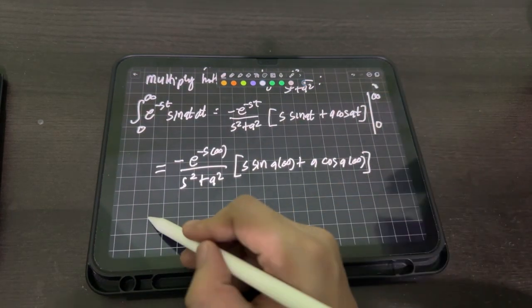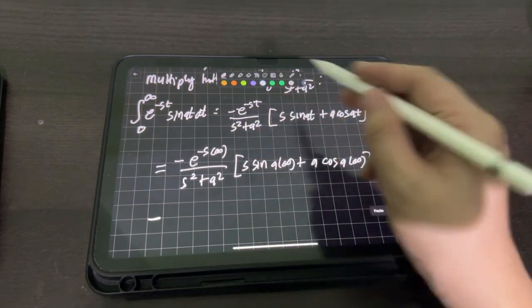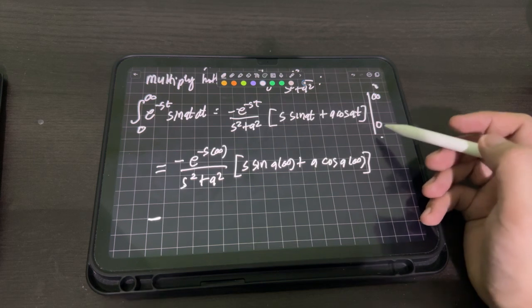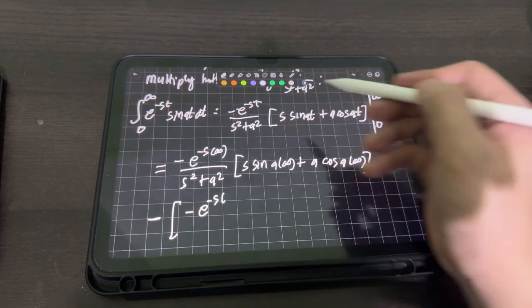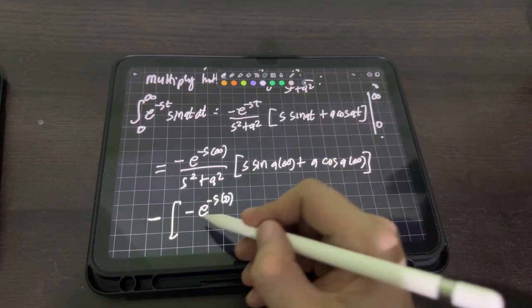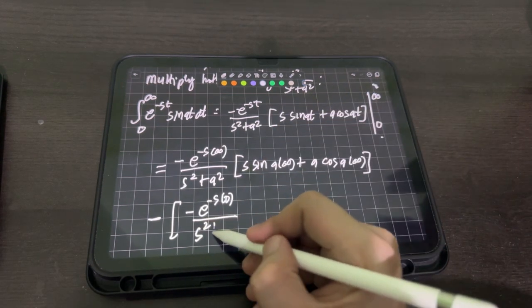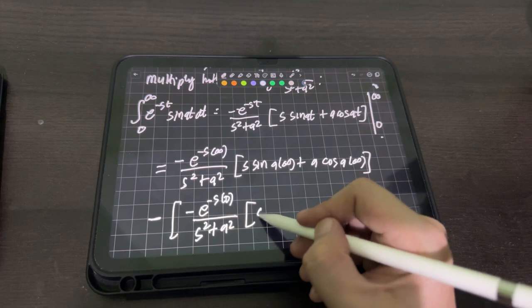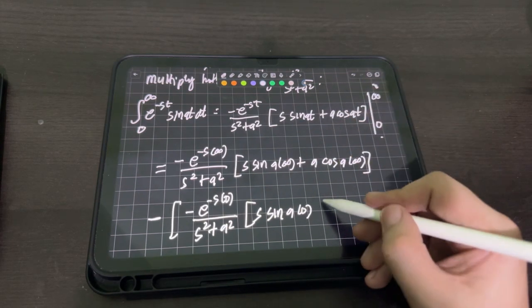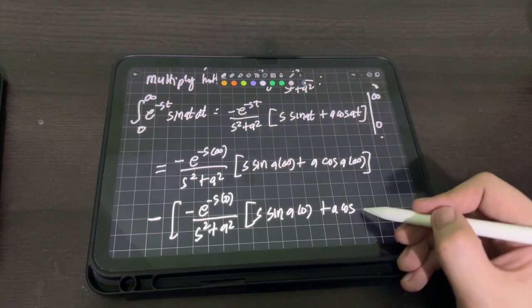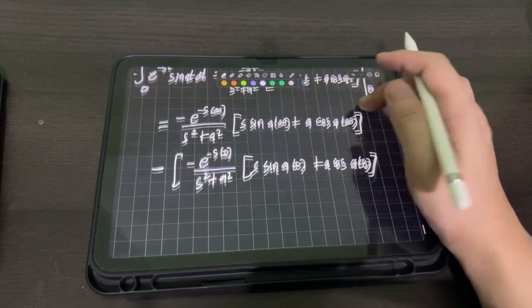Then next, minus this expression evaluated at 0, the lower limit. So negative e to the negative s, substitute this time t with 0, over s squared plus a squared, then s times sine a, again t replaced with 0, plus a cosine at, replaced again with 0.